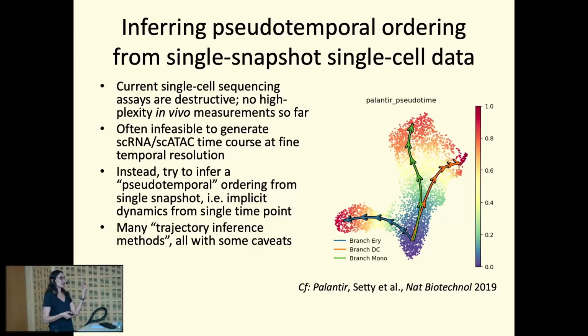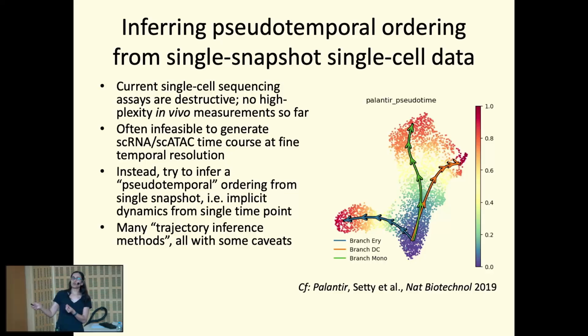We've taken the cells out of the system, dissociated them, put them through this kind of microfluidic device and collected single-cell RNA, and now the cells are gone, right? And really, we don't have these high-plexity measurements in vivo, okay? And at best, we can do imaging in a dish, right? So for now, this is what we have. Very good data, but we've destroyed the cells.